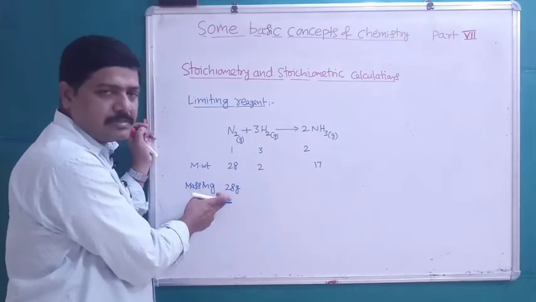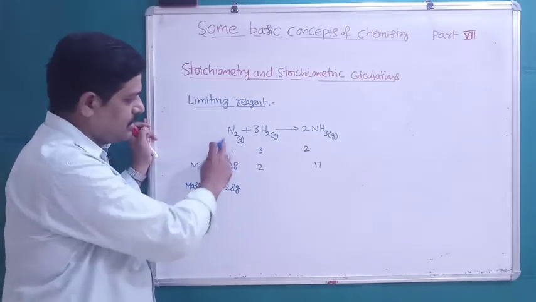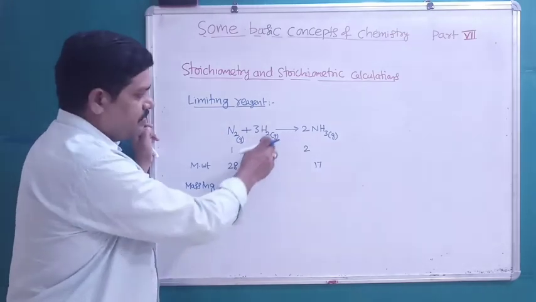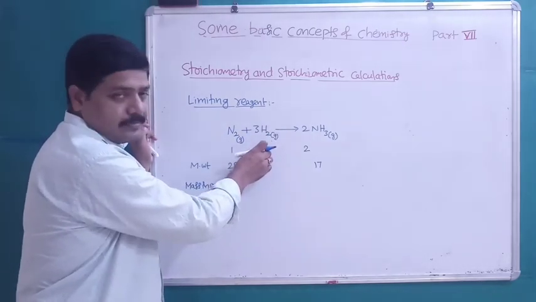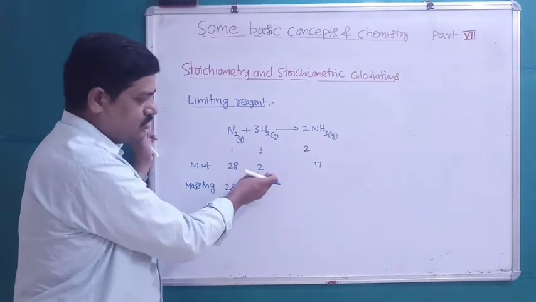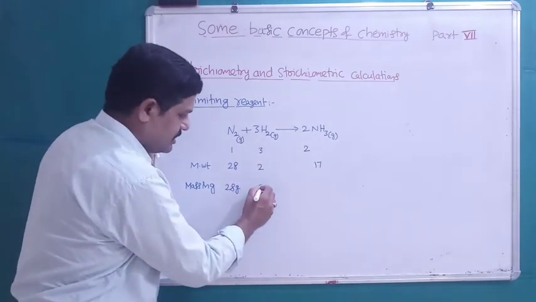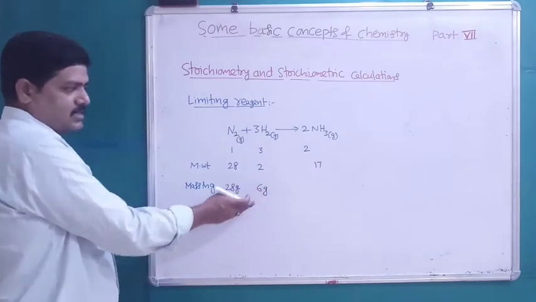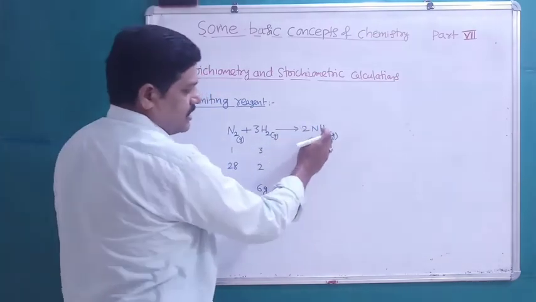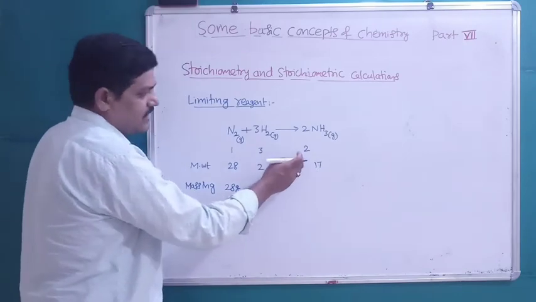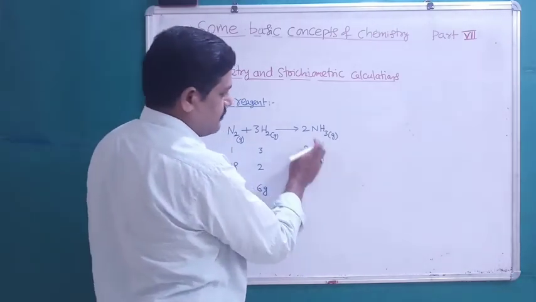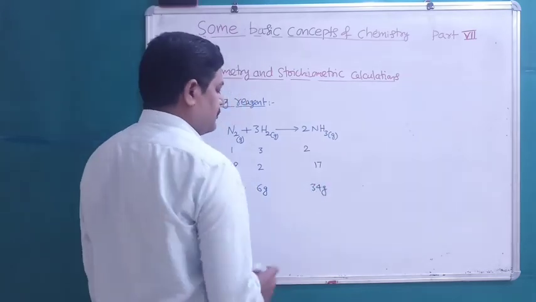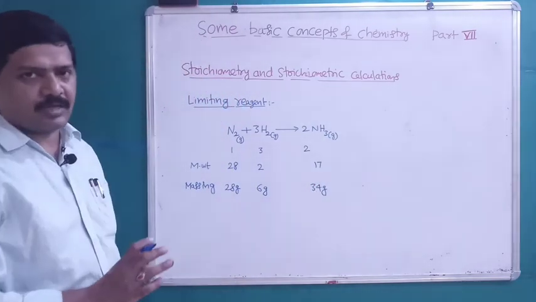Molecular weight in grams is called gram molecular weight. 1 mole of N2 has a mass of 28 grams. For hydrogen, 3 moles: 1 mole is 2 grams, so 3 moles is 6 grams, right? For ammonia, the molecular weight is 17, so 2 moles is 34 grams.